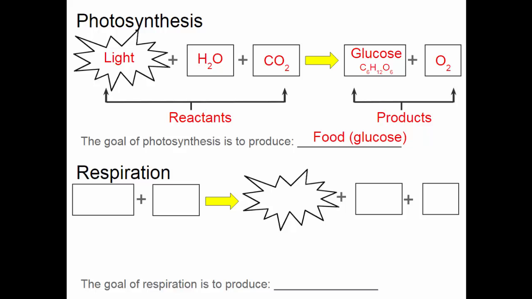This is one you probably are not very familiar with. It's called cellular respiration. And the good news is it's easy to remember if you know photosynthesis, because it's basically almost the opposite. So in respiration, we need a couple of raw materials, a couple of reactants.